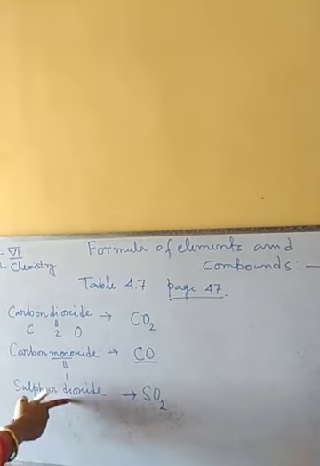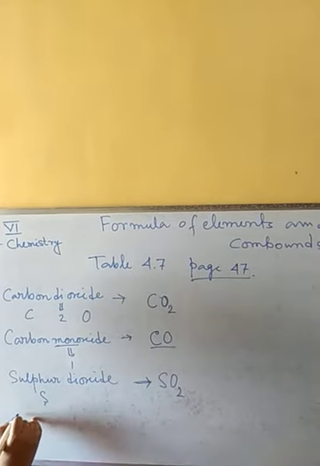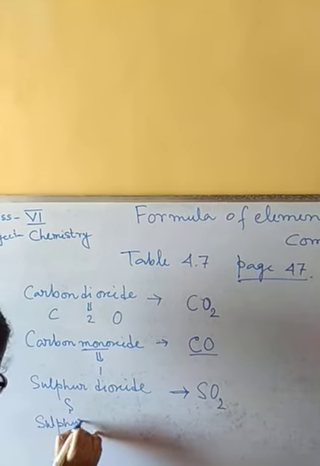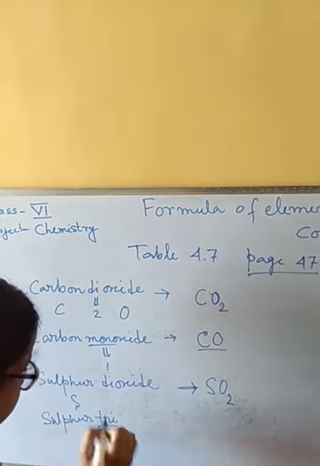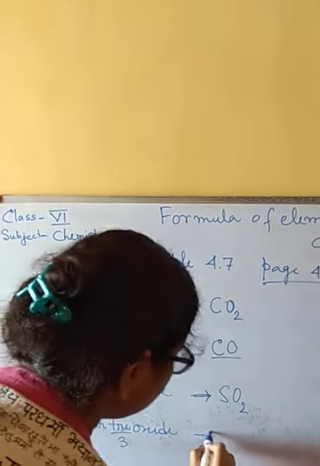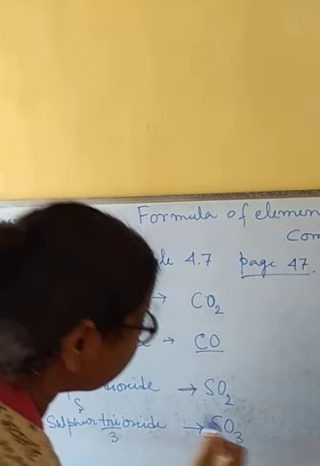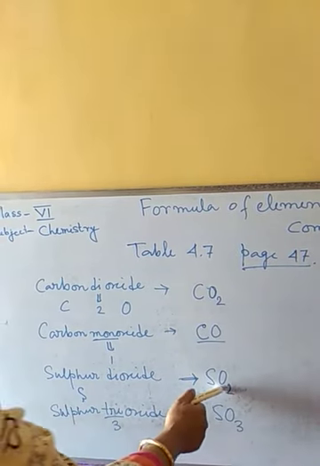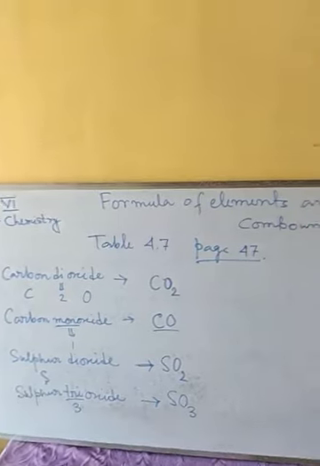If it is written as trioxide, sulfur trioxide, tri means 3. So there are 3 oxides, so we are going to write SO3. This is sulfur dioxide, this is sulfur trioxide.